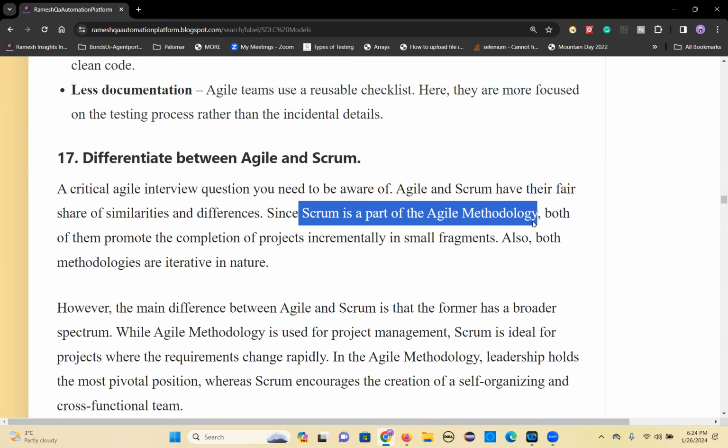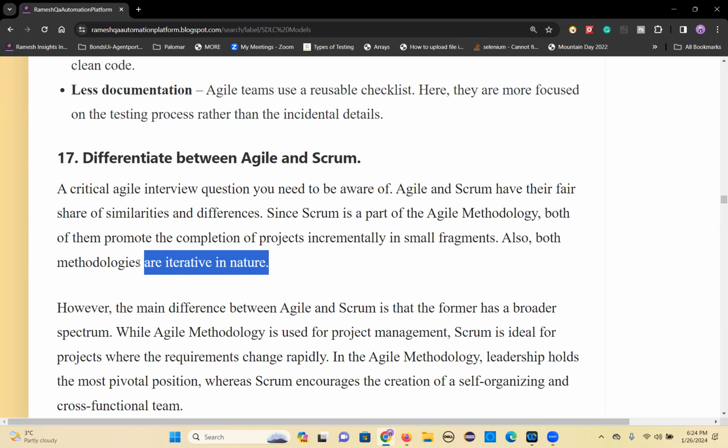Just now we discussed this point. Both of them promote the completion of the project incrementally in small fragments. Both methodologies are iterative in nature. So this is one point, and this is the other point you can add.